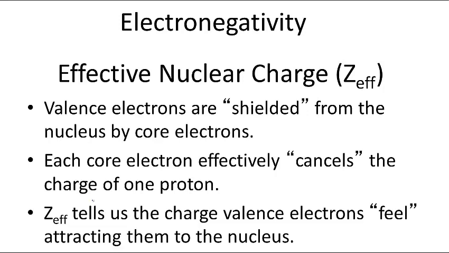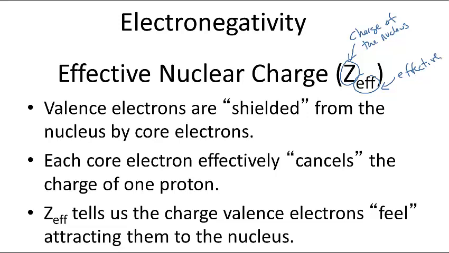So the first thing you need to know if we're going to talk about electronegativity is what's called the effective nuclear charge. In this case, Z means the charge of the nucleus, and eff means, unsurprisingly, effective. So what we learn is that valence electrons are shielded from the nucleus by core electrons.